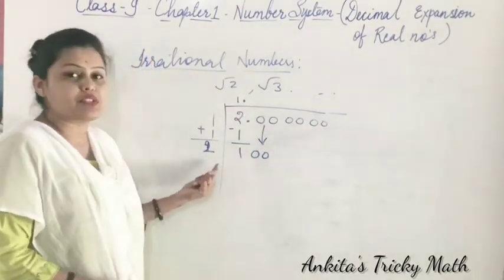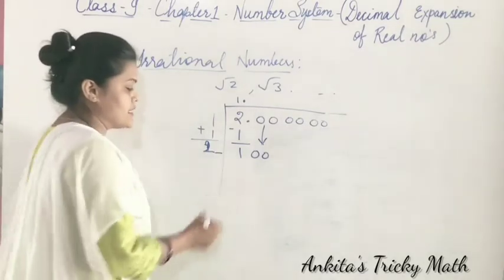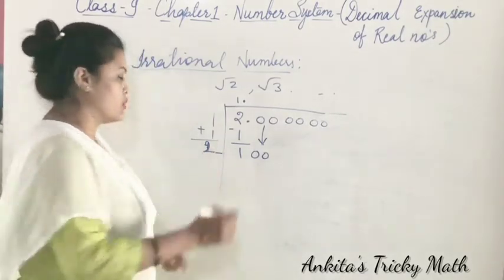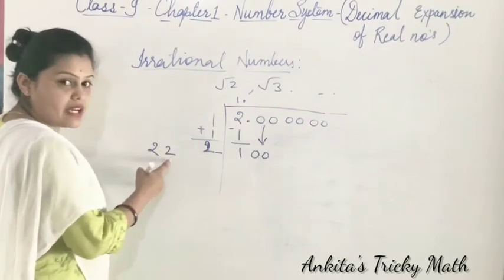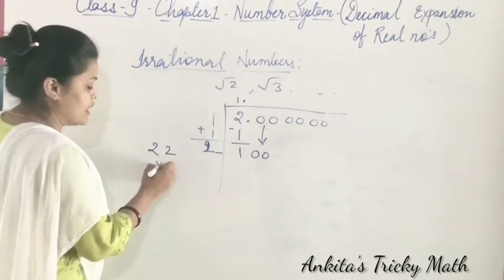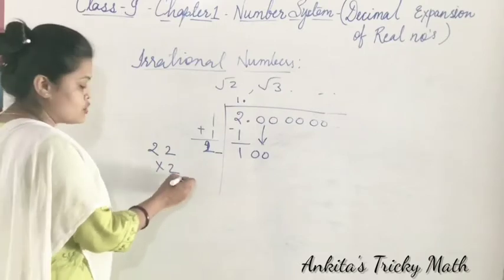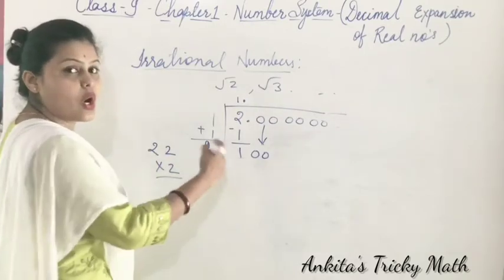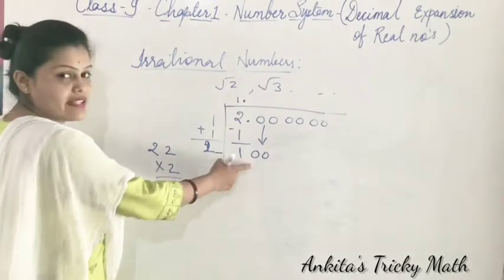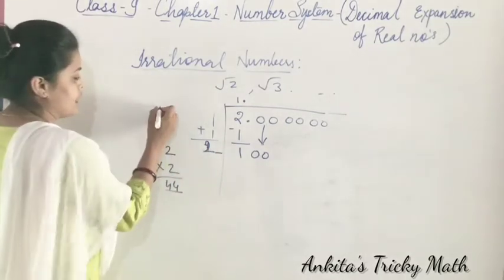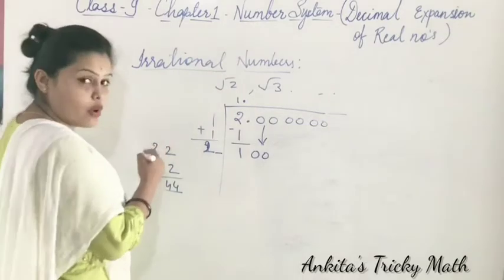Now we have to search for a number which we can place here so that उस number को like 2 है, 2 में हमको ऐसा नंबर मल्टीप्लाई करना है, ऐड करना है, that 22 into 2, that same number should come a number equal to this or less than this. So it will come 2 2s are 4, 2 2s are 4. So it is less than this. We can take 3 also, check for 3 or check for 4.